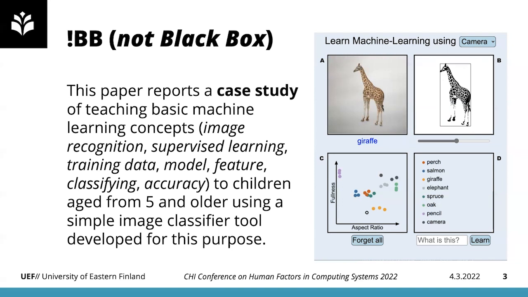On box C, you see a two-dimensional plot showing aspect ratio and the fullness of the picture. These are the two properties used to map the image into a predefined class. As you can see on box D, there are a few already classified items that also appear on the two-dimensional plot on box C.